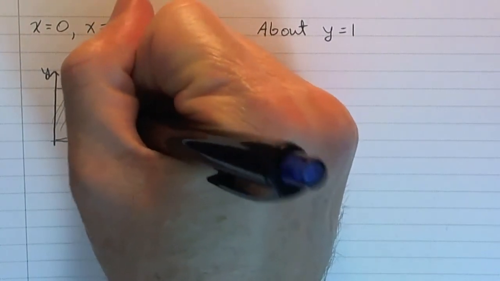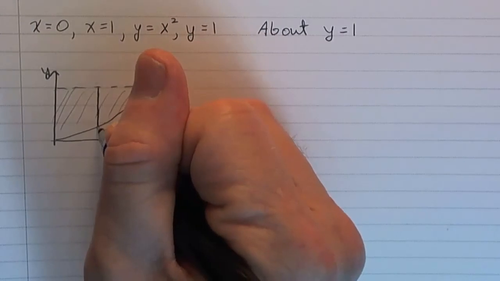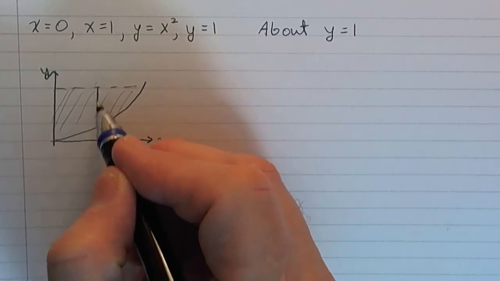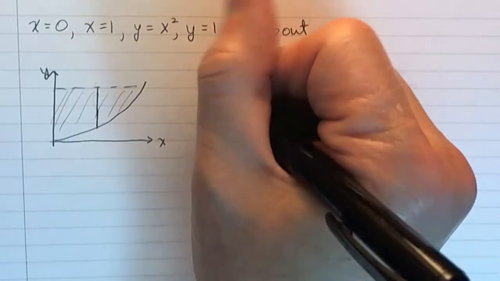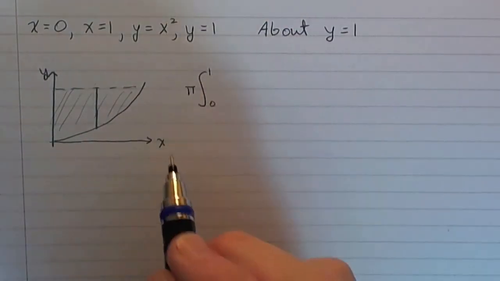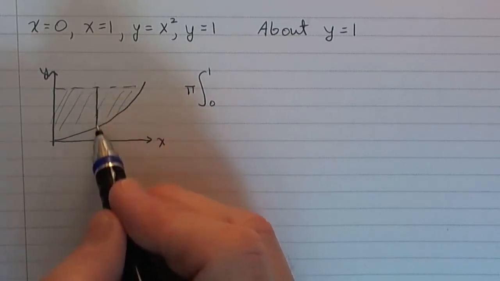So let's think about we revolve part of this. Let's just look at this part right here. Let's suppose I revolve this part about the line y equals 1 and I get this disk. This is the radius. Now look, we're going to have pi from 0 to 1. No worries about that. But what is the radius? Well, it's this length right here.